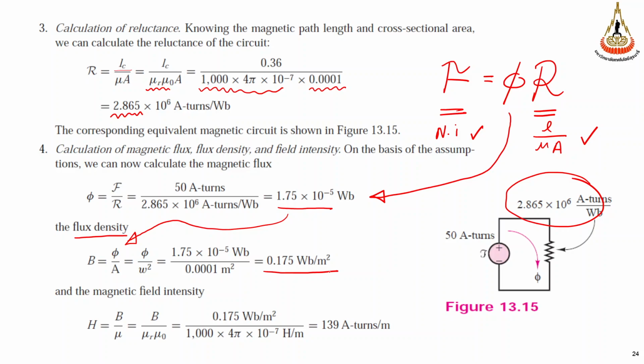We can also calculate magnetic field intensity as B divided by mu, because B is mu H. Then B divided by mu is 139 ampere turn per meter.